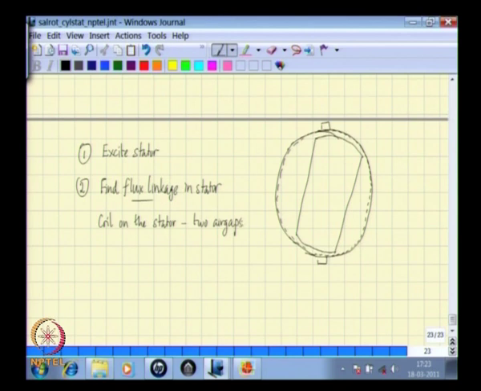That is, it appears to the stator as if there is one cylindrical rotor which is always moving, such that the air gap is small.